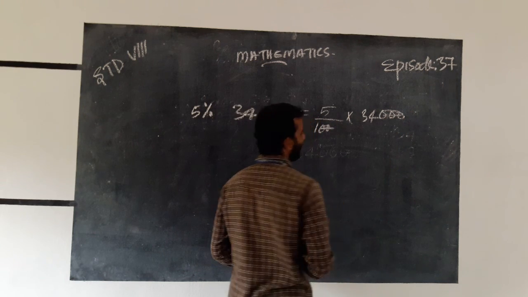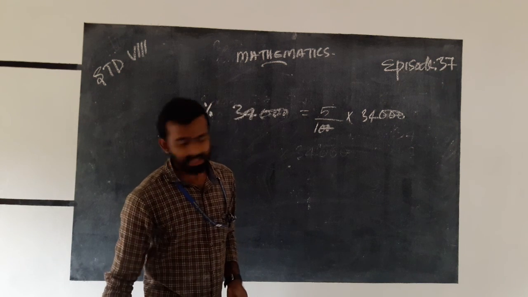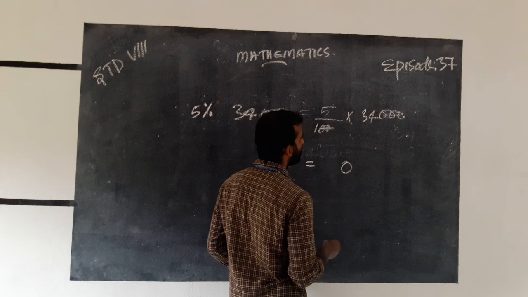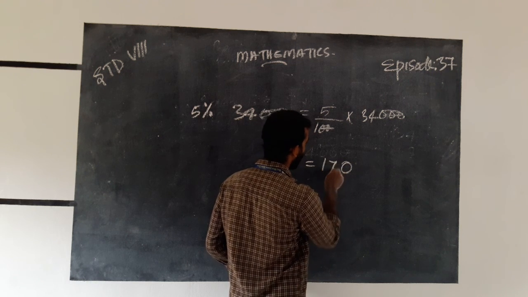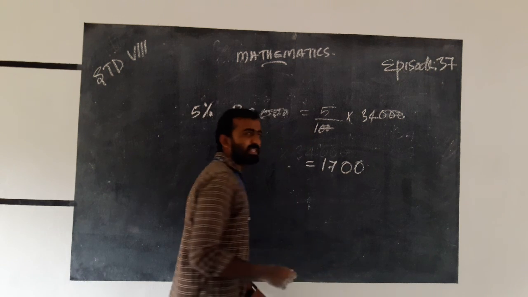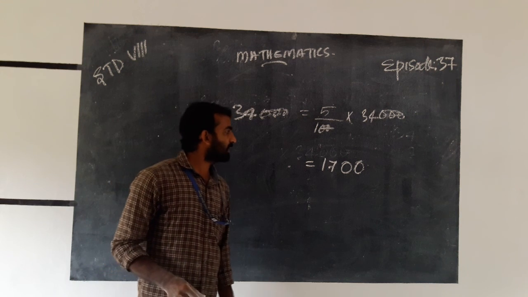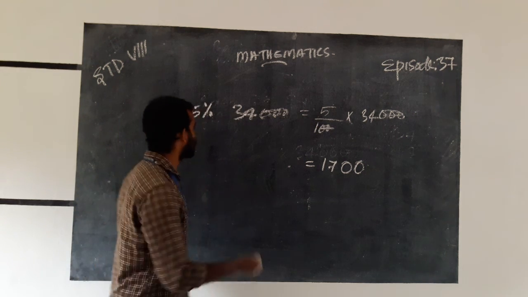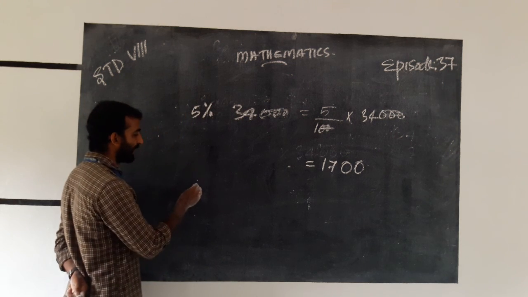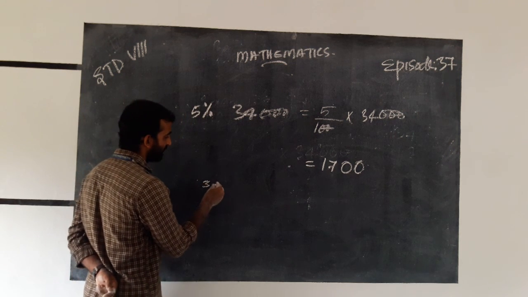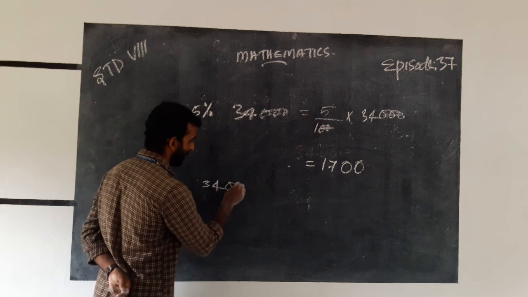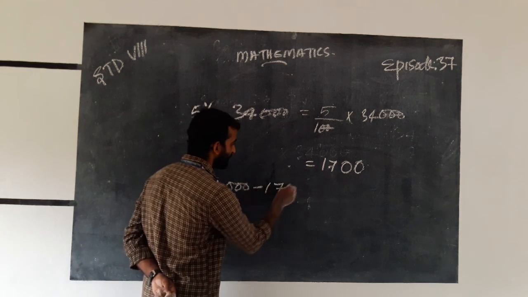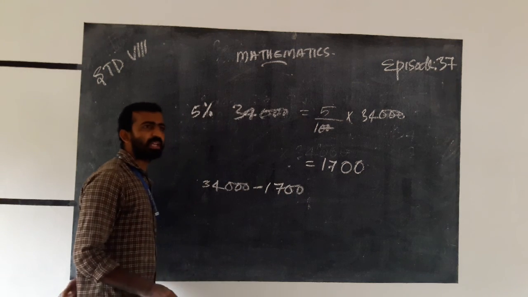Here we get 1,700 rupees decreasing. Now the new price is 34,000 minus 1,700.